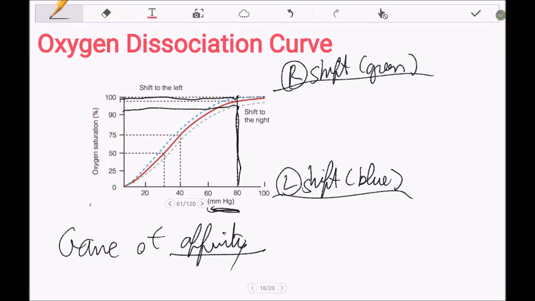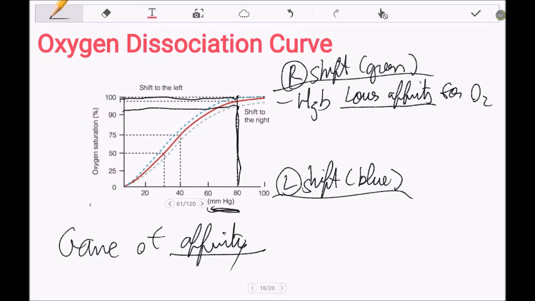It means that when the oxygen dissociation curve shifts to the right, hemoglobin has lower affinity for O2. What this means is that the hemoglobin molecule is willing to give out the O2 in order for cells to use, and that's what we want, right?